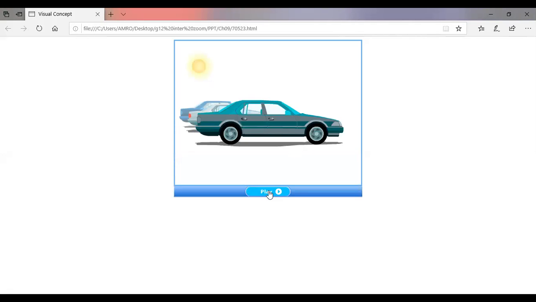Okay, this video will explain the difference between conduction, convection, and radiation. So this is the first part, radiation from the sun.